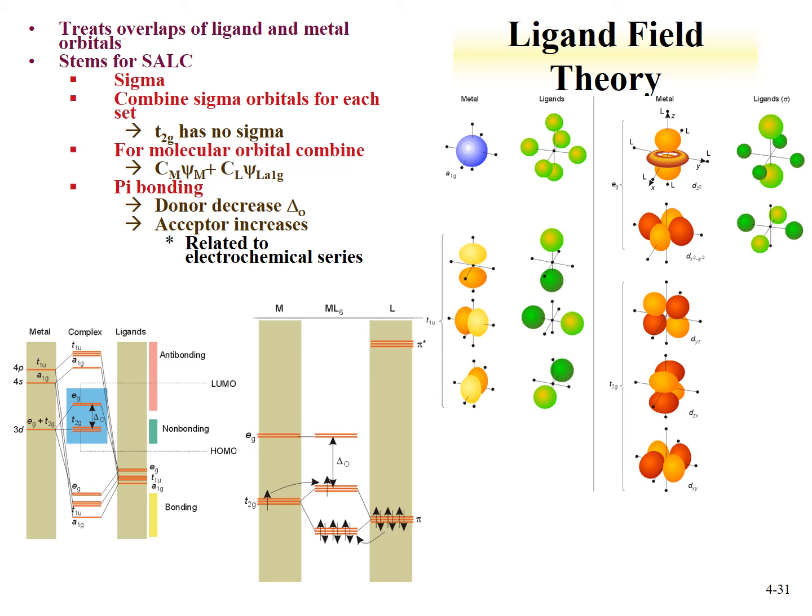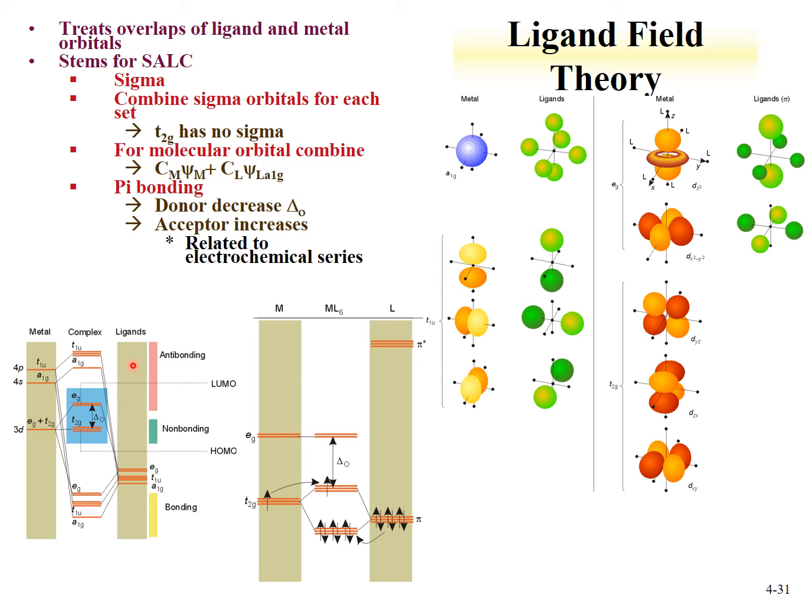And what this shows are the molecular orbitals that are formed from the atomic orbitals of the metals and the ligands, and how they would split from the metals forming this eg, t2g, which ligand orbitals and which metal orbitals overlap to form the bonds.